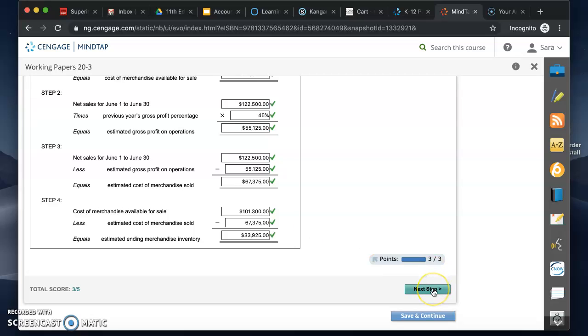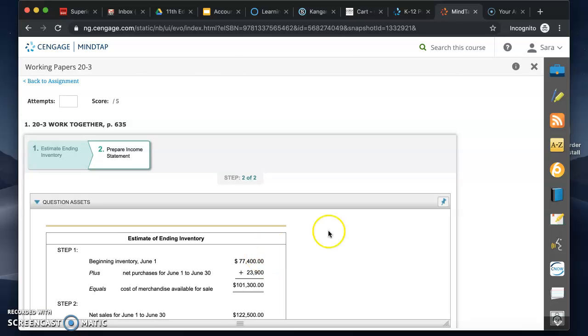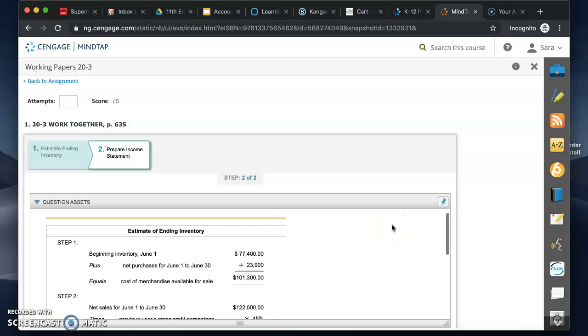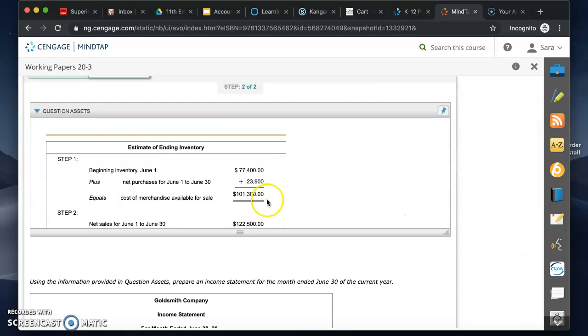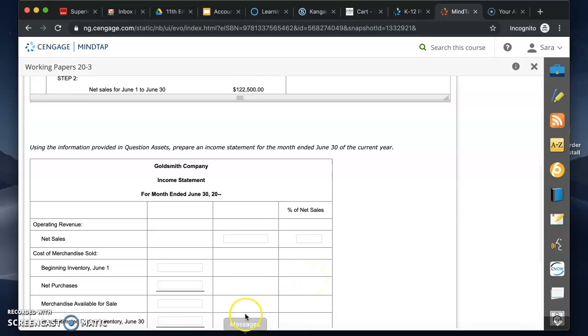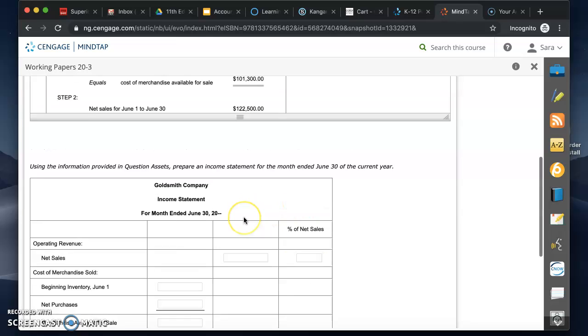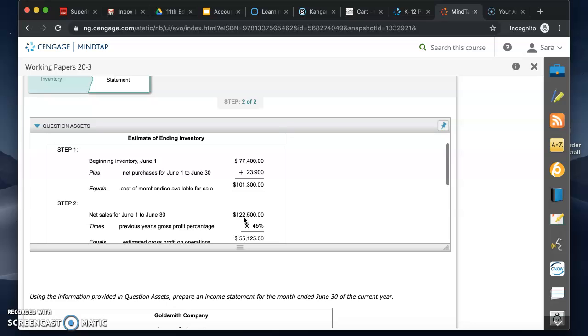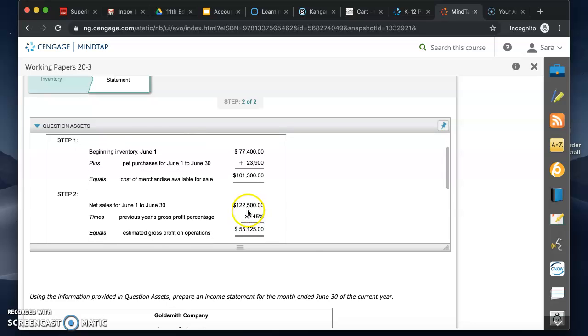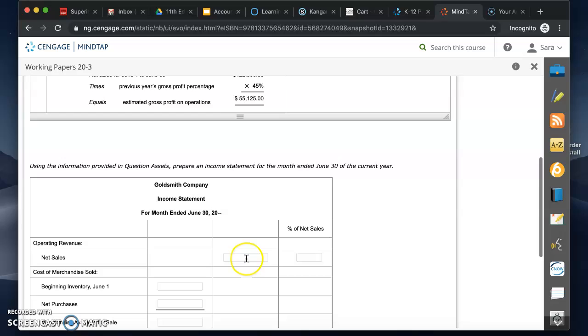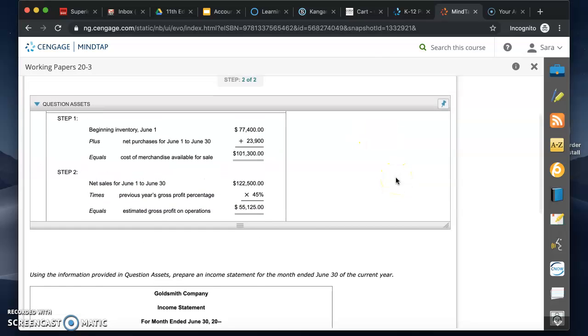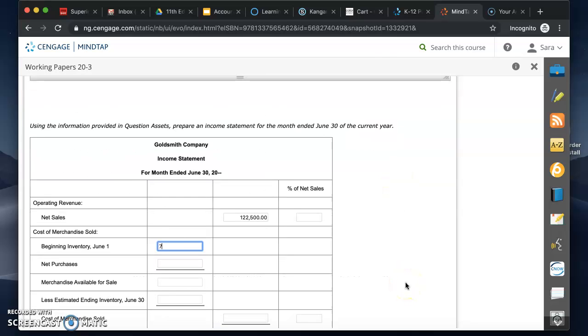Okay, and so then on to our next part, preparing our income statement. So we still have this that we just completed, so we can fill in our numbers here. And remember, we did this back in accounting 1. So our net sales was 122,500. Our beginning inventory, 77,400.